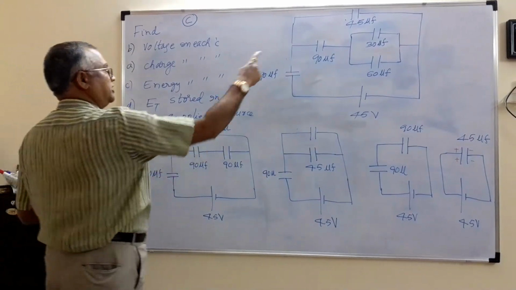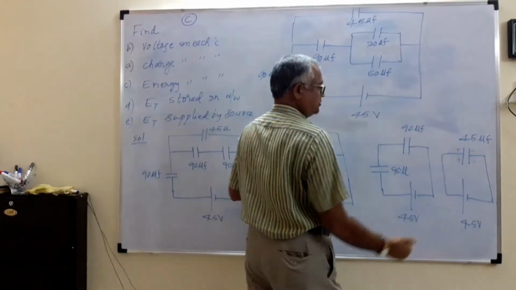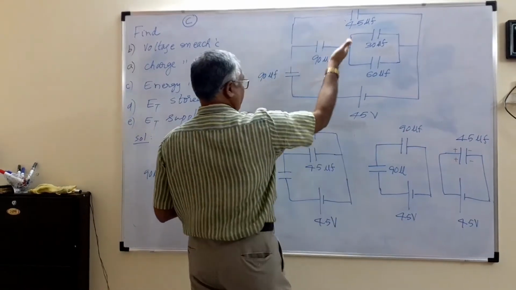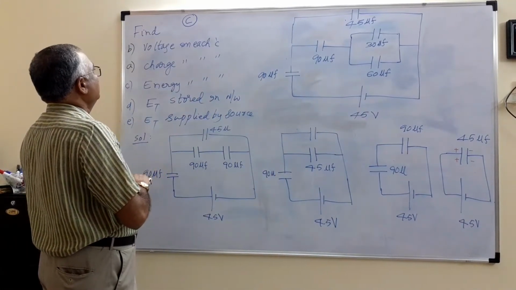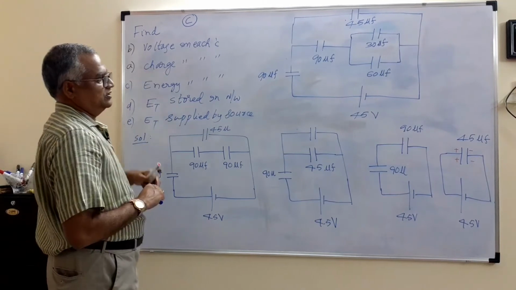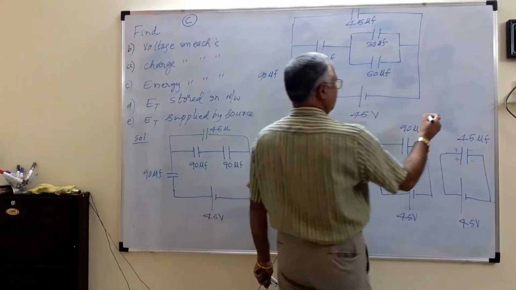So same problem, that is reduced to here, from here, again here and here. So we have to start from here and work out back. How to do that? What we have to find first? Charge. What is the charge formula?